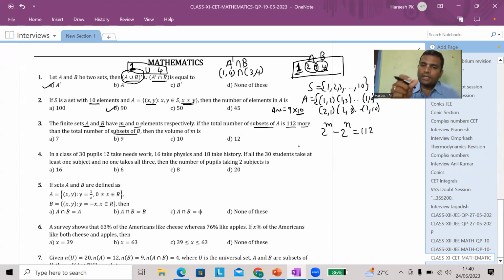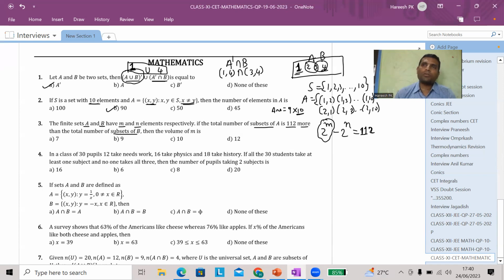Now, whenever you get an equation like this, there is a trick that you should remember. If this number is 112, 2 power m will be a power of 2, which is immediately greater than 112.